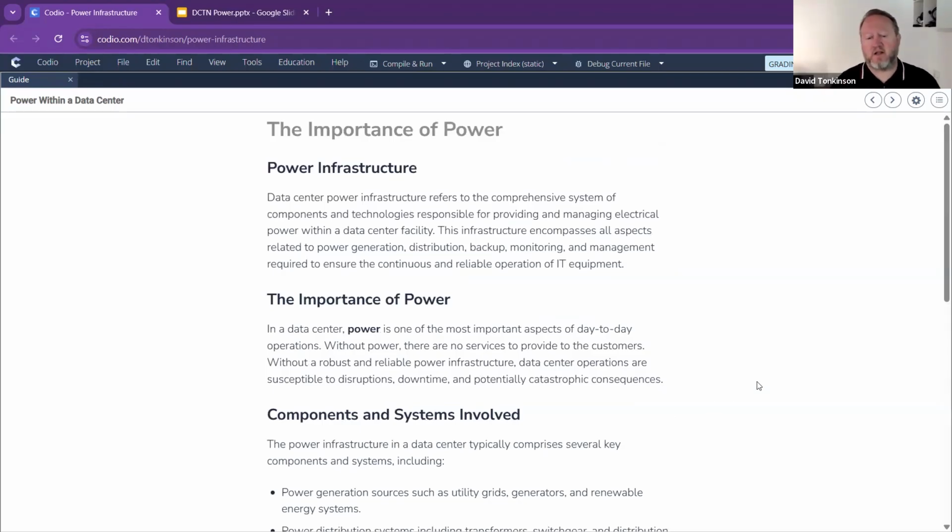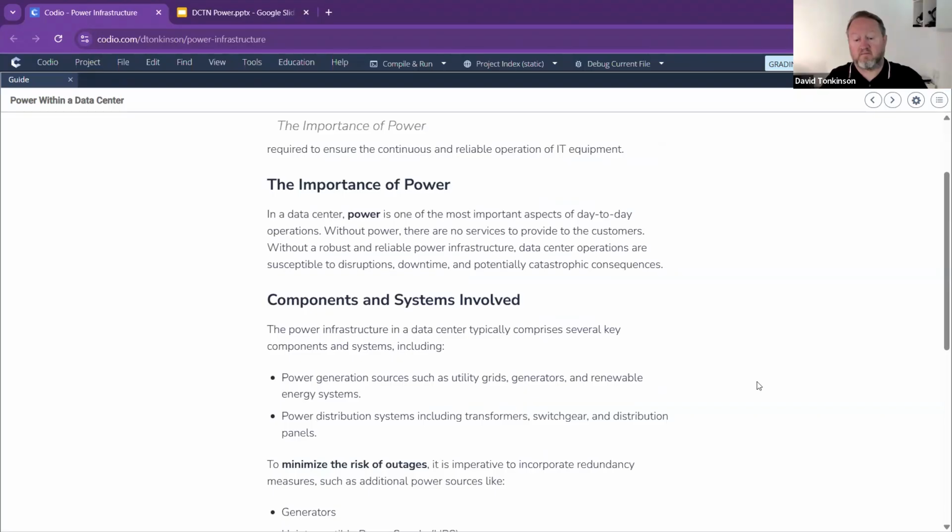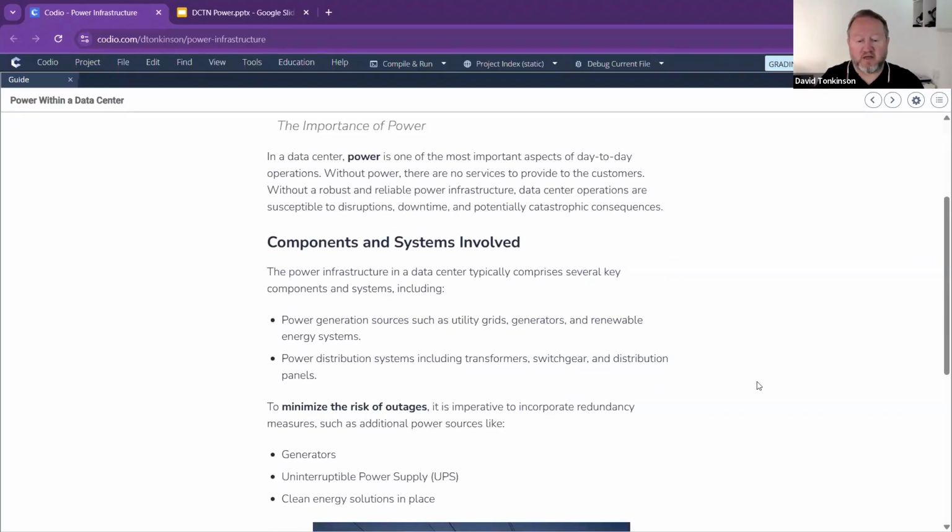So let's have a look at the power infrastructure. We know data centers need electricity. We know they need lots of electricity. And without electricity, the systems fall over. So the power systems are massively important. You've got to make sure that you are covered belt and braces. Your power infrastructure in your data center must be able to cope with the power that you need, plus extra.